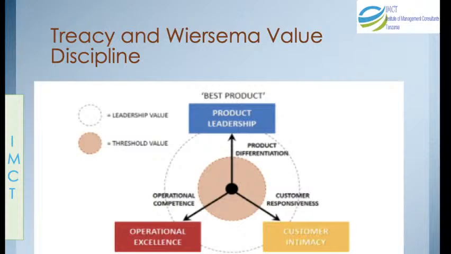If the company tries to excel in multiple disciplines, it's likely to end up stuck somewhere in the middle. Treacy and Wiersema propose three value disciplines from which companies can choose in order to become market leader. Number 1, product leadership. You can be a leader in product, the best and most innovative product offering, like what you see in Apple. And that's what makes the difference between Apple and Windows.